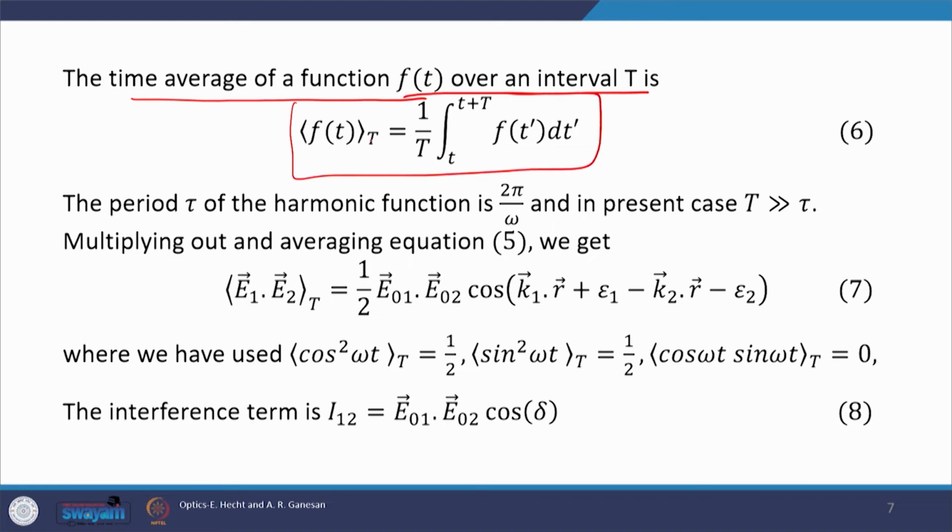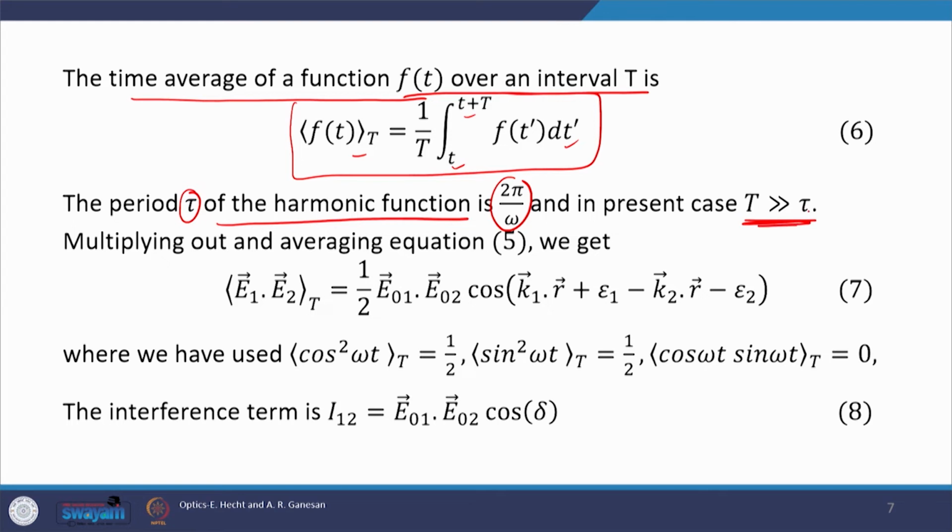The time average of f(t) is equal to 1 by T times the integral of f(t prime) with respect to dt prime, within the limits small t to small t plus capital T, where the period tau of the harmonic function is given by 2 pi by omega. It is assumed that tau is the period of f, which is a harmonic function, and this period must be much smaller than capital T.